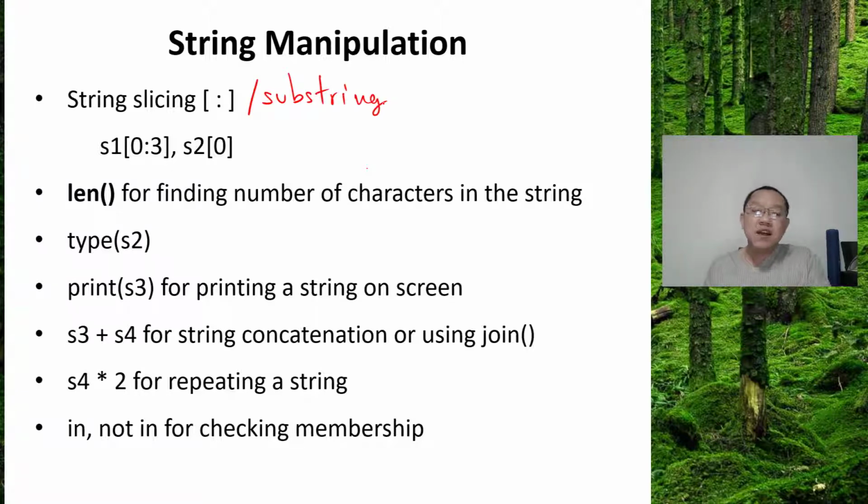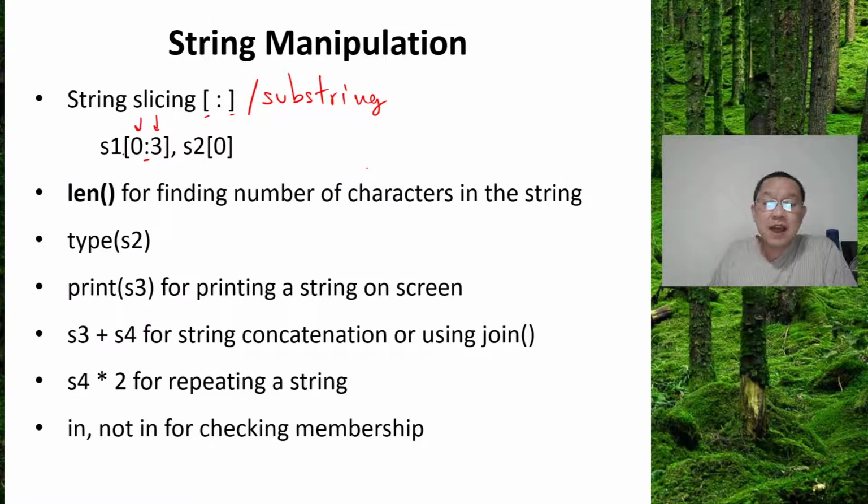The pattern that we use for string slicing is the use of square brackets, and inside the square brackets the numbers are separated by a colon. The number before the colon determines the starting position, and the number after the colon determines the end position. So 0 and 3 in this square bracket determine the starting and the ending position for the slicing.